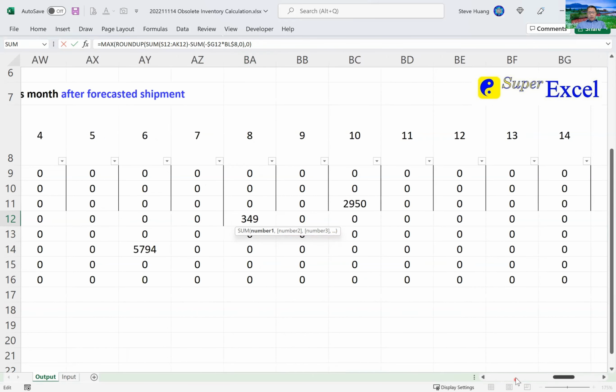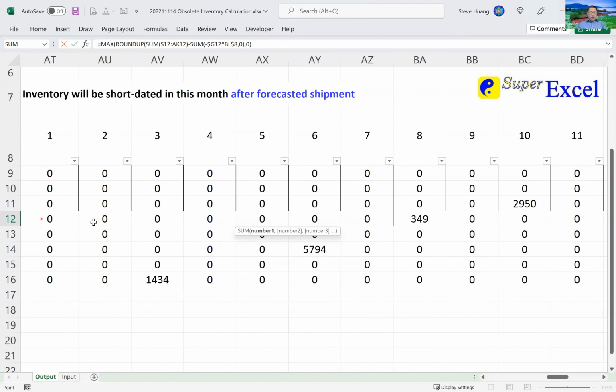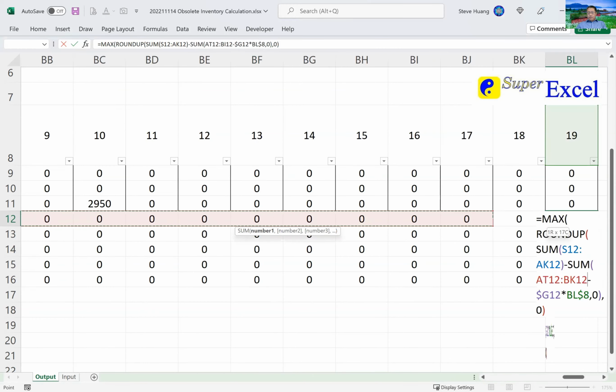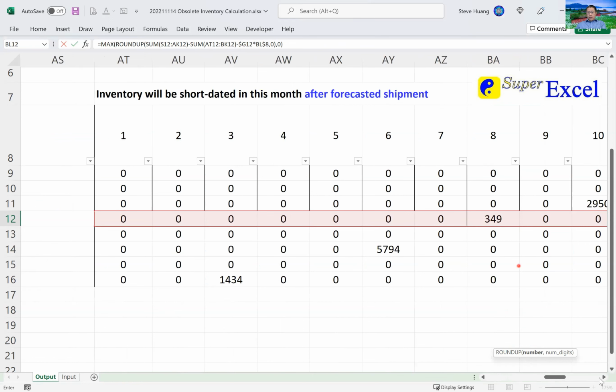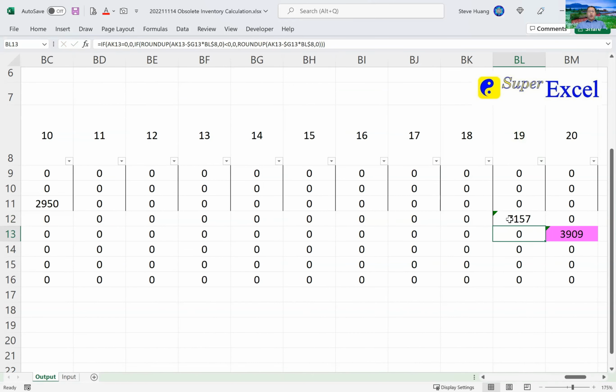So let me select this range from month 1 all the way to month 18, and then close the bracket. In this case, within those 18 months we only have this one single month, which is that 349 to be short dated. So that's what we are subtracting. And now if I press enter, we'll get 7157, which is the correct amount.